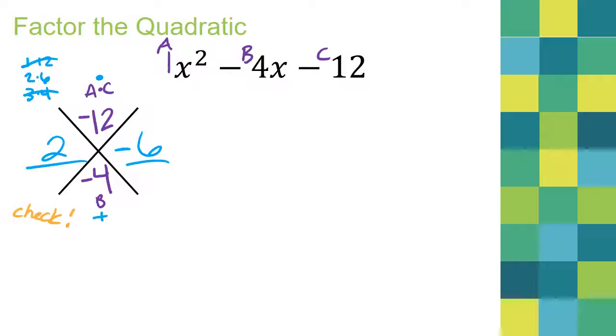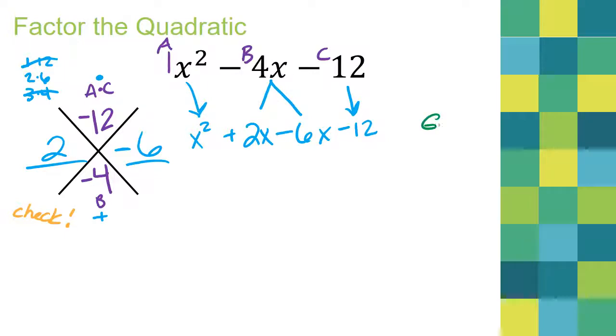Okay, next we want to separate that middle term into our new middle terms, a positive 2x and a -6x. We bring down our first and last term. All right, let's do some grouping. So now when we do grouping, our steps are to group the first two and the last two and include their signs.